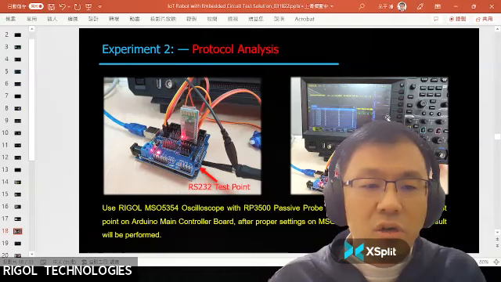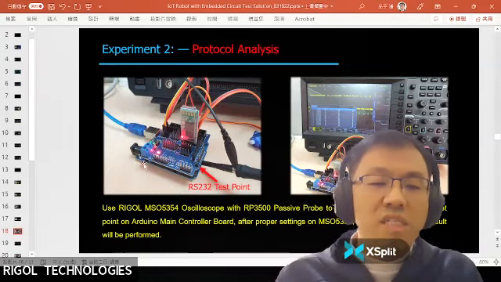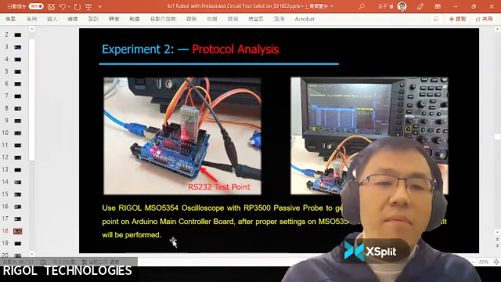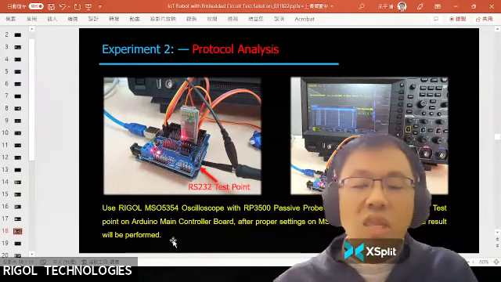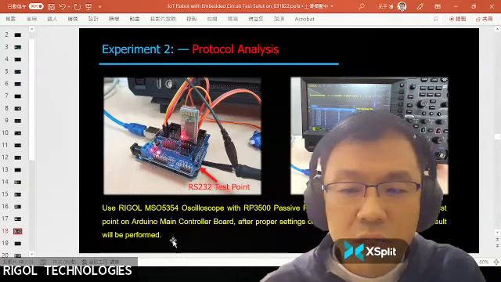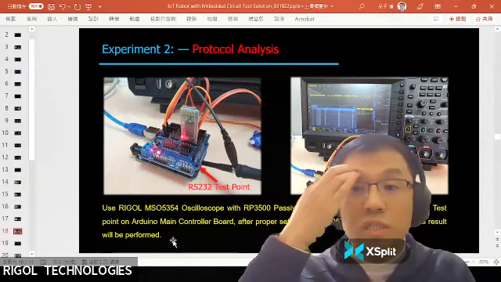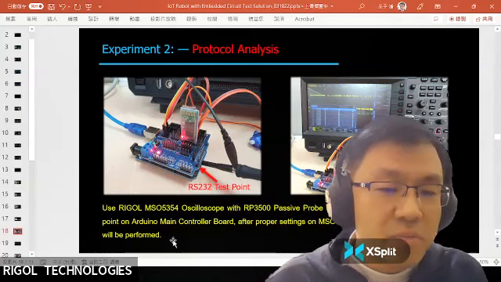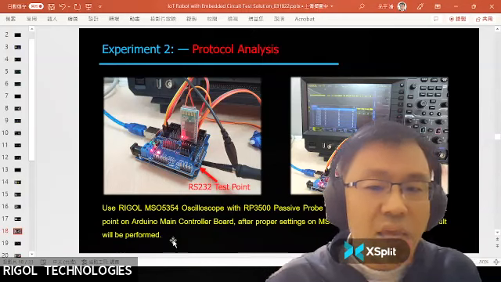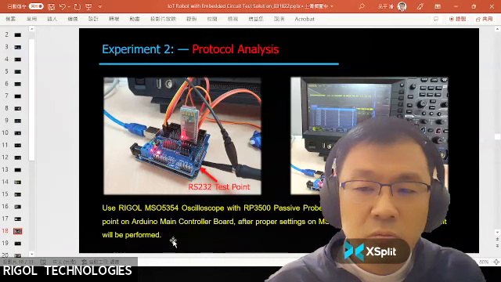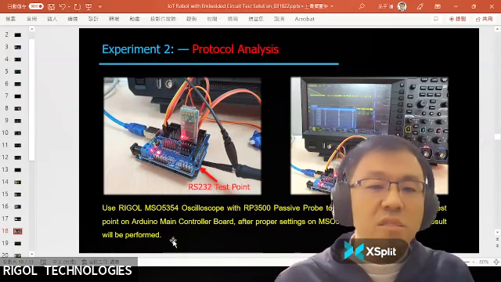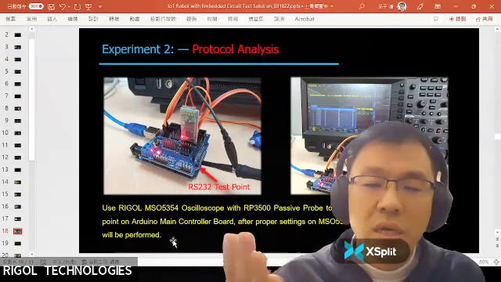For example, we can use the RIGOL MSO 5000 series oscilloscope with the RP passive probes to get the RS-232 signal stream at the test point. And after proper setting of the MSO 5000 series oscilloscope, the protocol analysis result will be shown on the display.